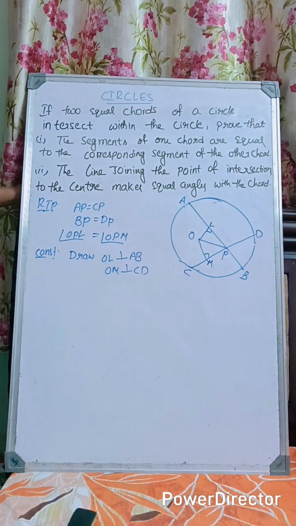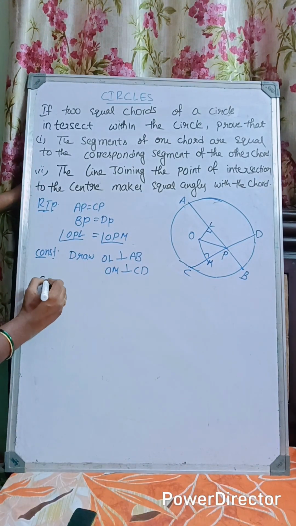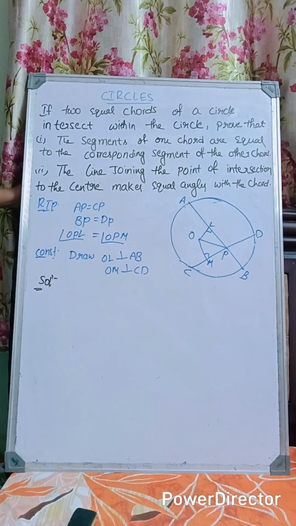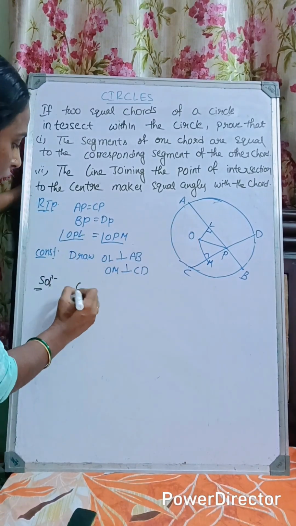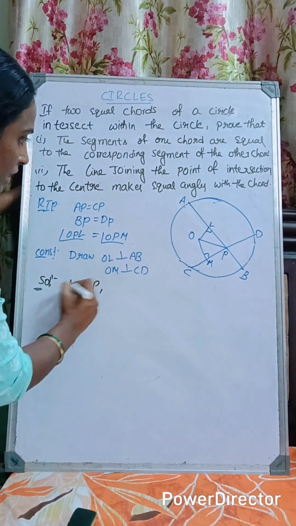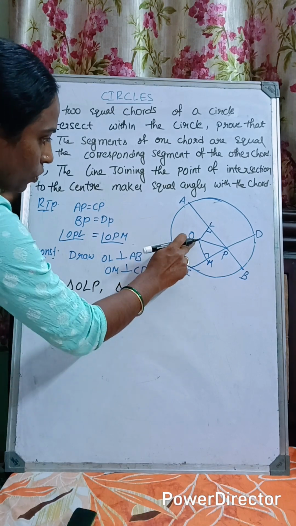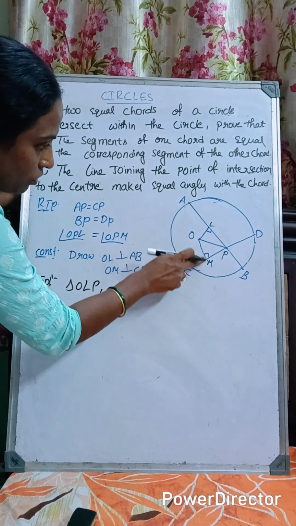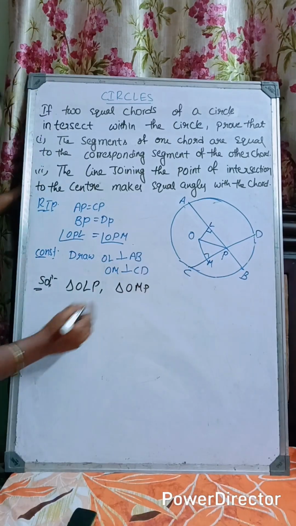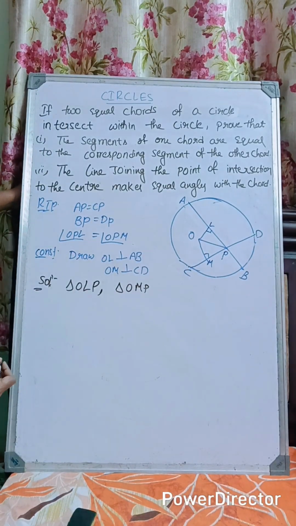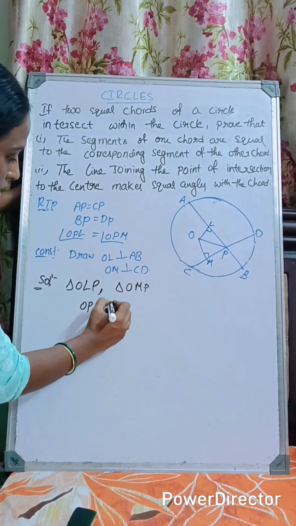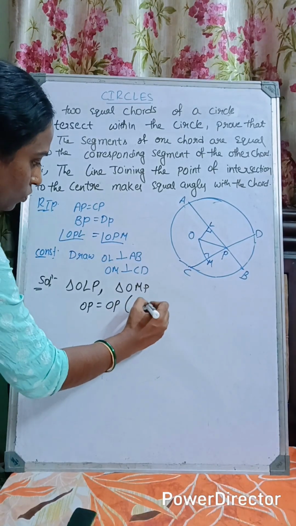Let's go to the solution. How to write here? We are going to show the two triangles are congruent. What are those triangles here? Triangle OLP and triangle OMP. Let's go in the order way. So OLP we have taken. So let's go with the order, OMP triangle here. So as I said, OP is the common side, right? Yes. OP is equal to OP.